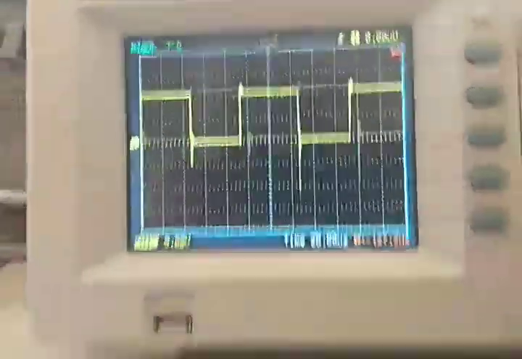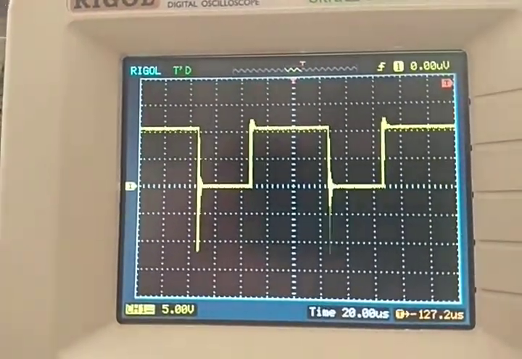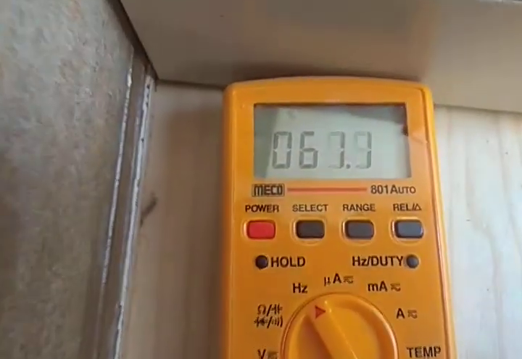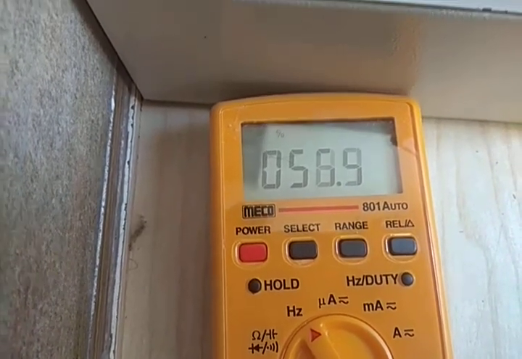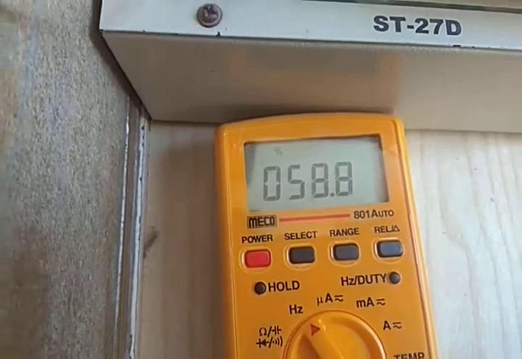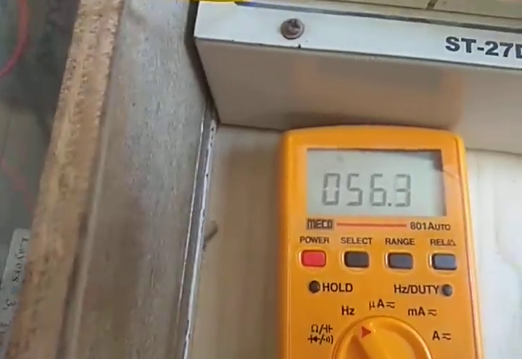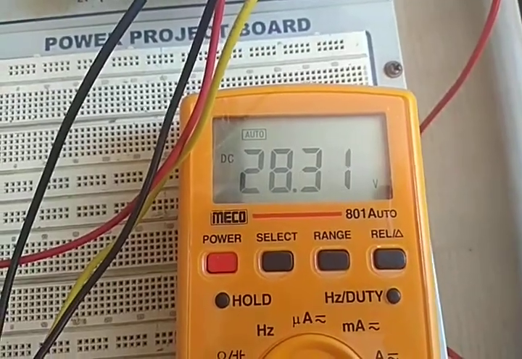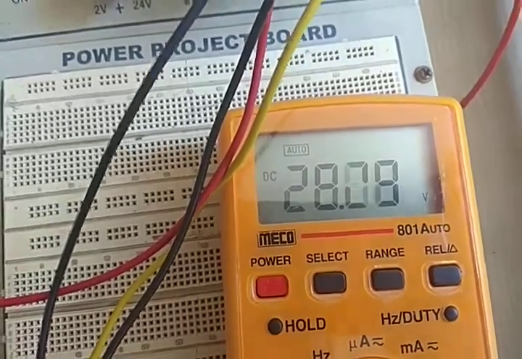You can see the duty on the CRO screen, and on the digital multimeter the duty is approximately 56%, depending on the temperature and several parameters. The duty is hovering at around 55%.